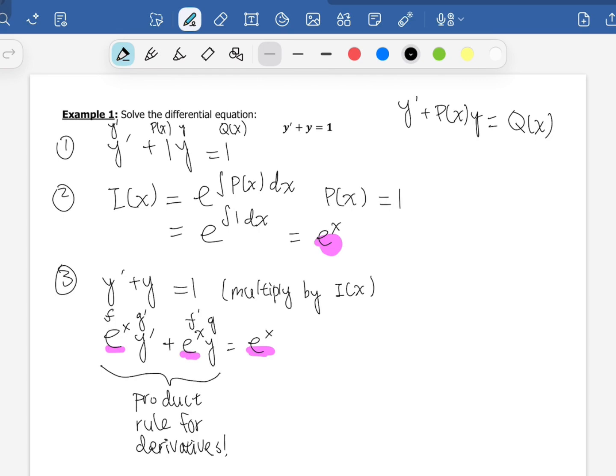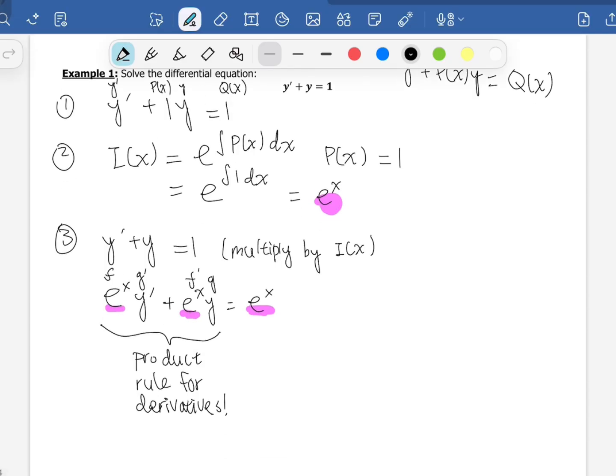So if this is the derivative, we're trying to find the original function that generated this product rule. So we know that the original function has to be f times g, right? Because this is our f and this is our g.